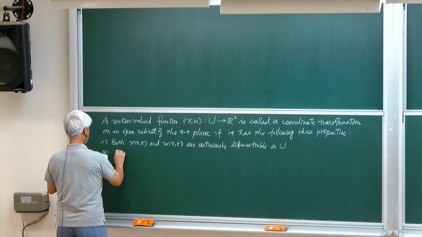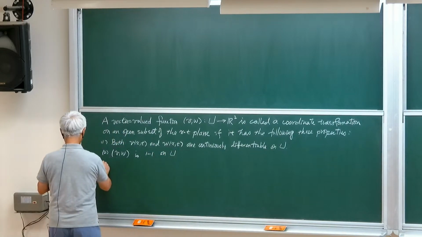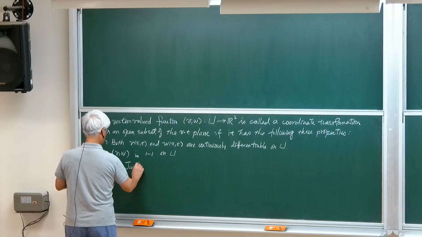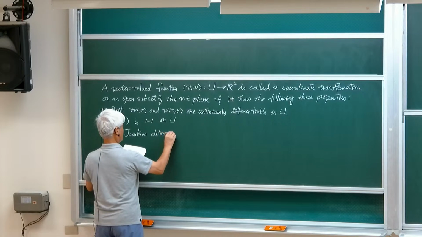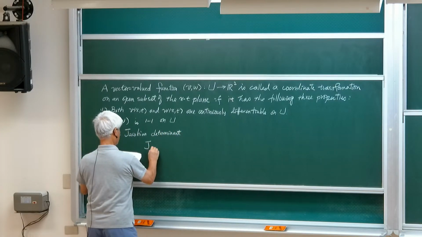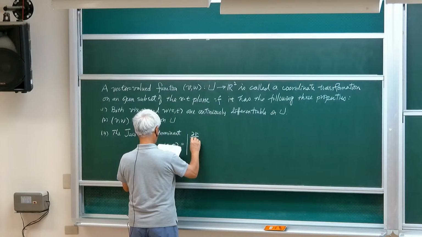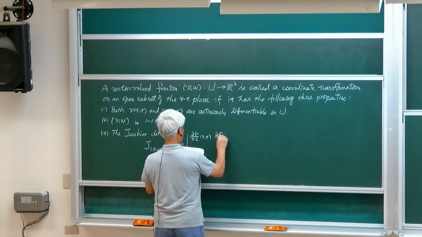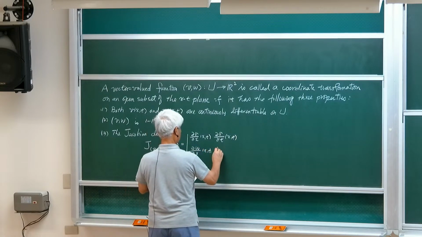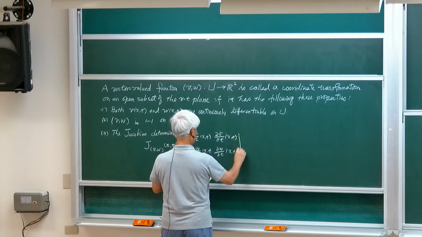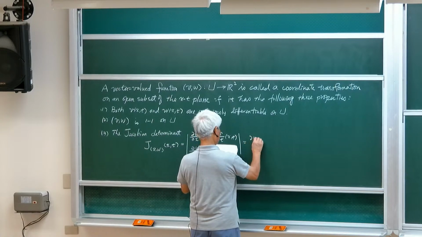And the second, the vector function is one-to-one on U. And the third one, the Jacobian determinant J of VW, which is the determinant of the Jacobian matrix.